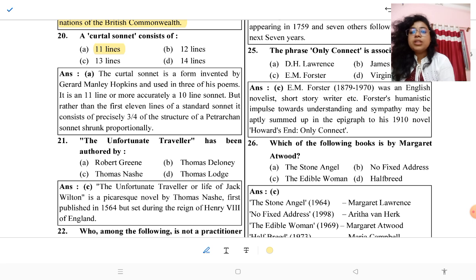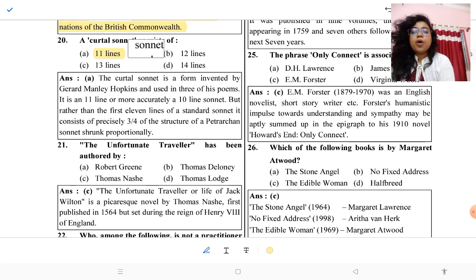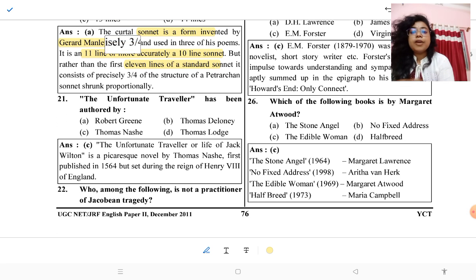The Curtal sonnet is a form invented by Gerard Manley Hopkins and used in some of his poems. It is 11 lines, more accurately maybe 10 and a half lines, rather than the 14 lines of a standard sonnet. It consists of precisely 3 by 4 of the structure of the Petrarchan sonnet shrunk proportionally.